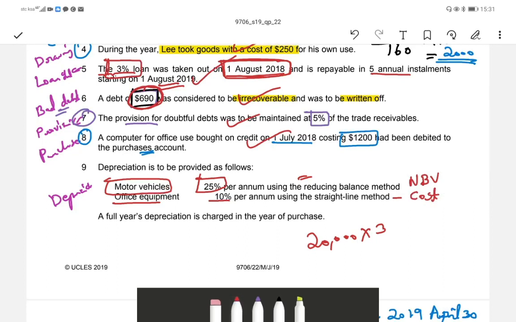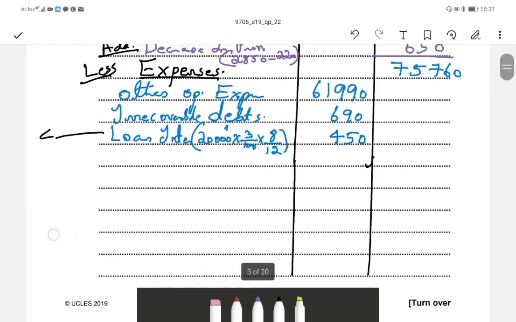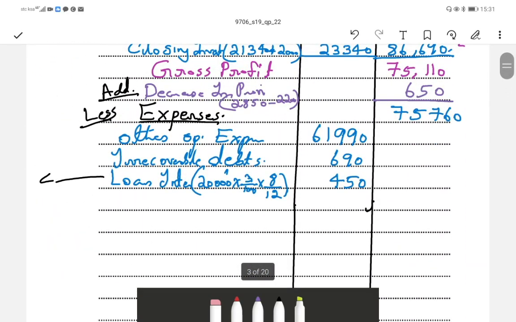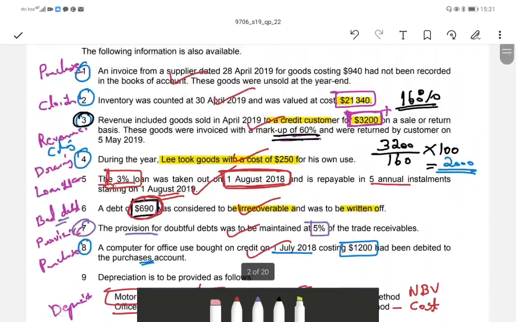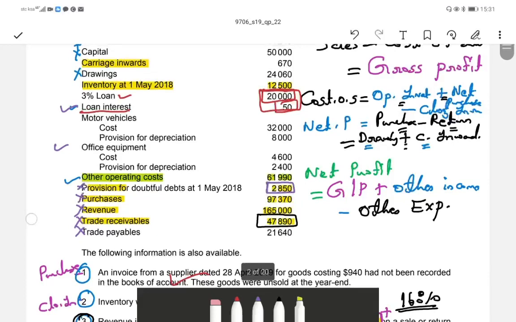So first, depreciation motor vehicle. It is on net book value. Net book value means cost minus accumulated depreciation.